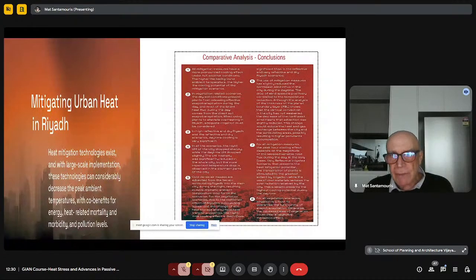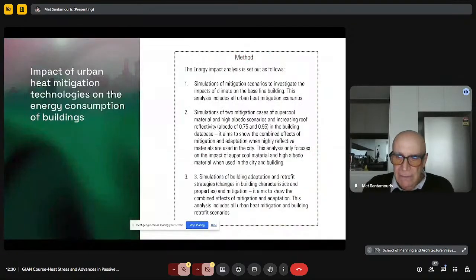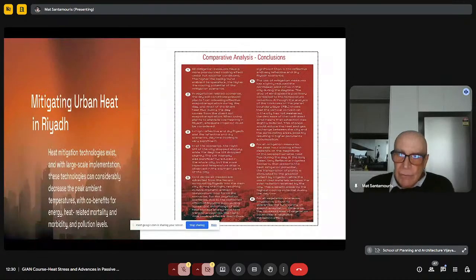At the same time, the use of mitigation scenarios where we combine cool and super cool materials seems to be a very good technology, especially when we increase the reflectance of the roofs and at the same time the reflectance of the pavements.